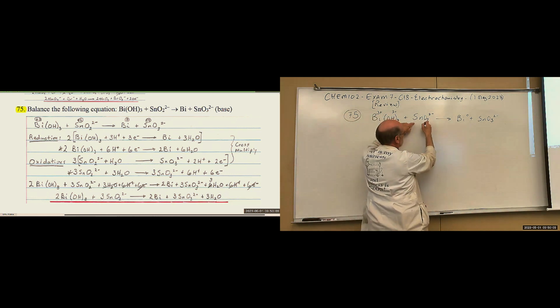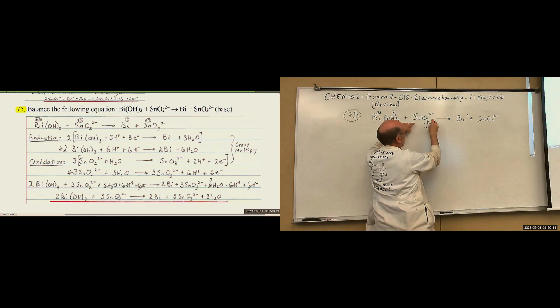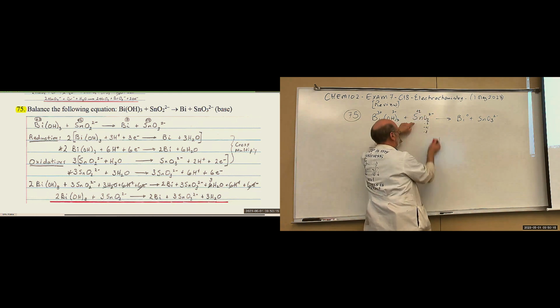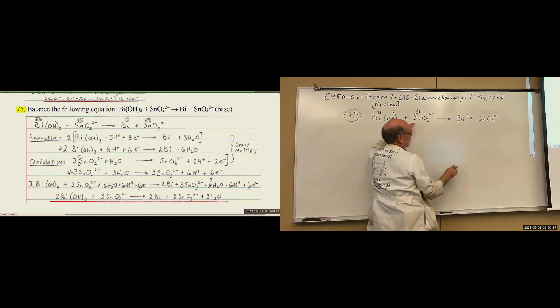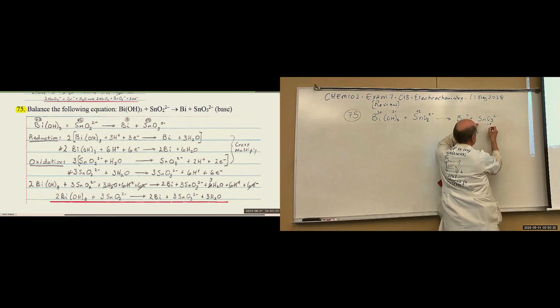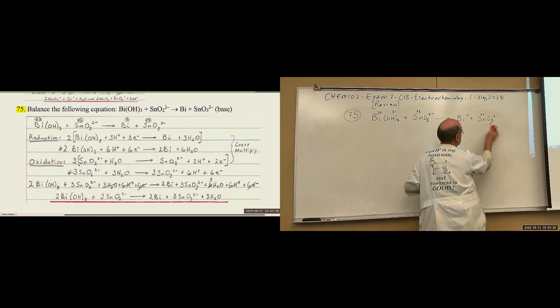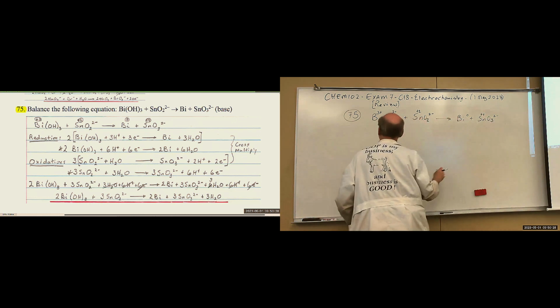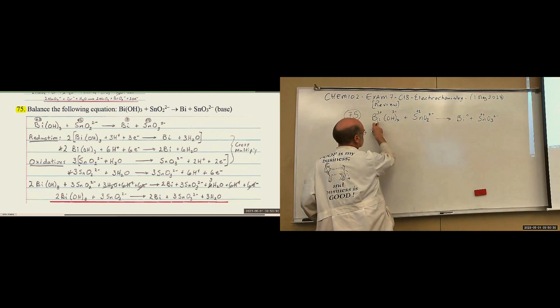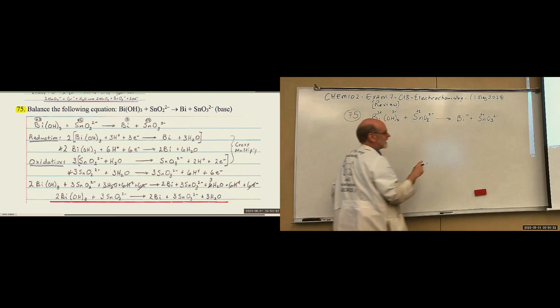This one is -2 times 2 is -4. Hold 2 out, -2, so this is a +2. And this one is -2 times 3 is -6. Hold 2 out, this is a +4. Oxidation states. Okay. If we go from 3 plus to 0, we had to gain 3 electrons.